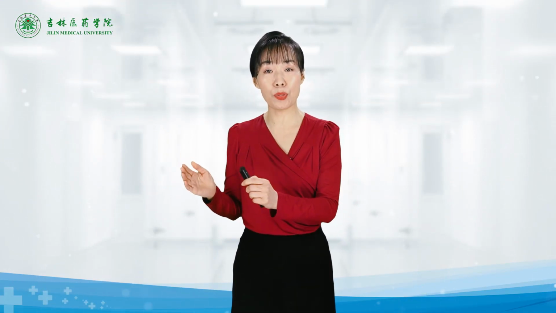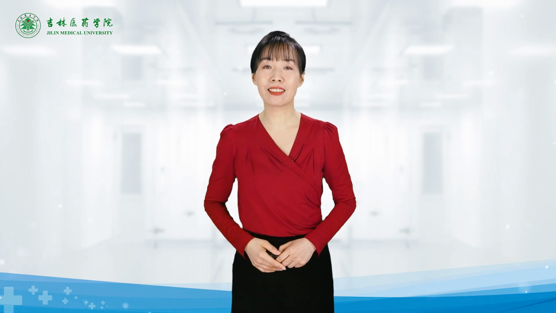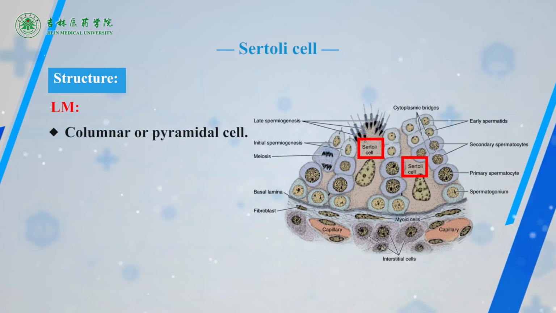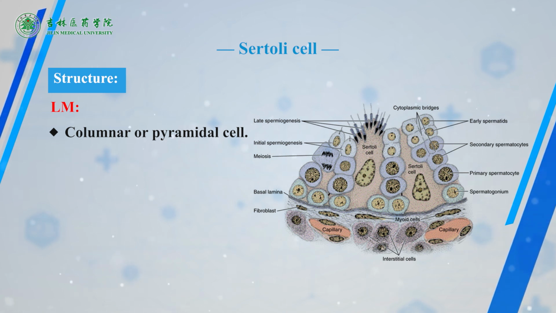Sertoli cells are also called supporting cells, which are important for the function of the testis. Sertoli cells are columnar or pyramidal cells with elongated nucleus. Nucleus is triangular, ovoid, and pale stained with prominent nucleolus.